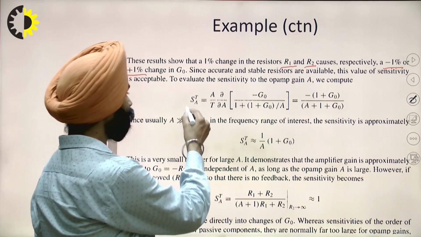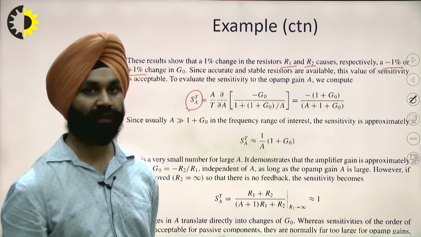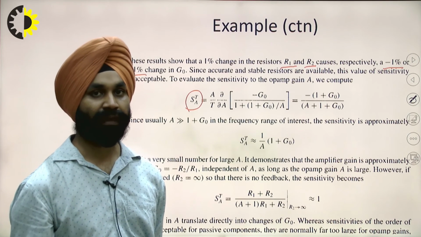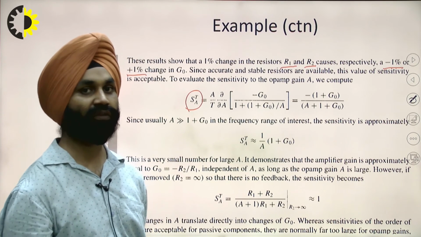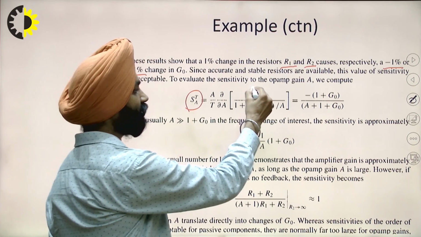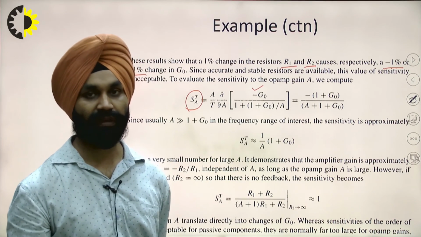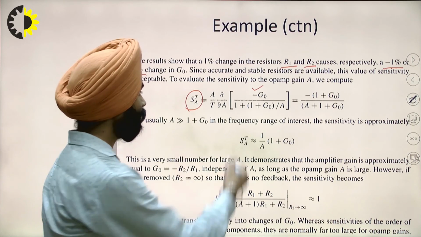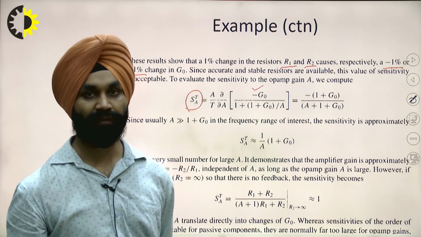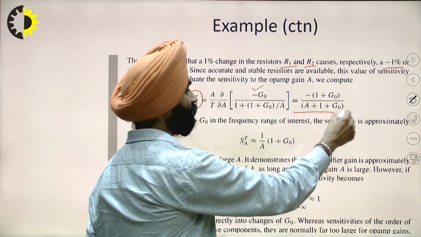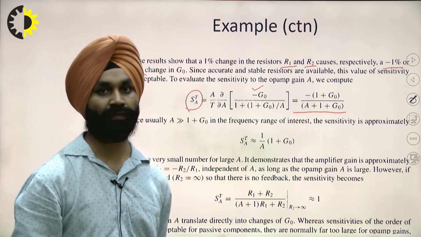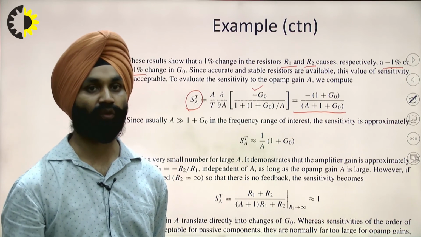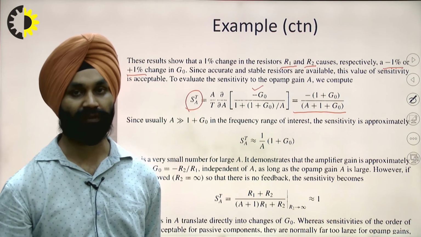So the sensitivity of T with respect to A will be again del T by T into del A by A, and put the value of T. Here I am putting it in terms of gain, so that we can calculate in terms of gain only. Taking its derivative with respect to A, this will result in this value. Now again, the gain is much higher for the op-amp compared to R2 by R1.